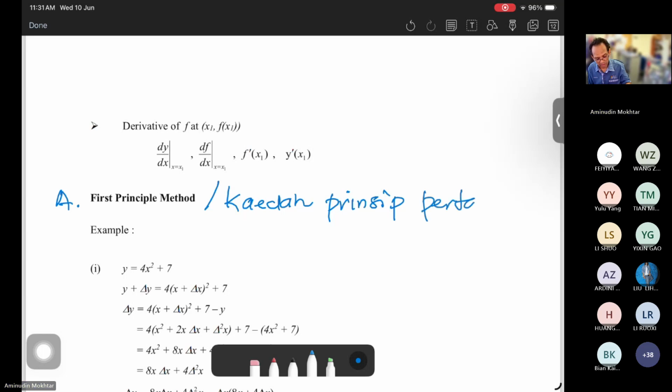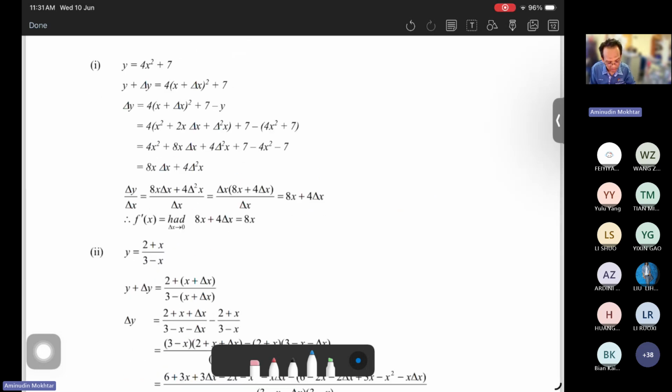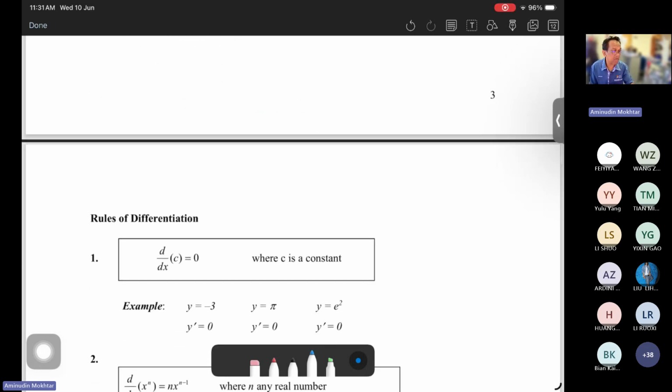The second one is about the rule of differentiation, kaedah pengambilan ataupun peraturan dalam kaedah pembezaan, or in bahasa Melayu, we also call it petua pembezaan.